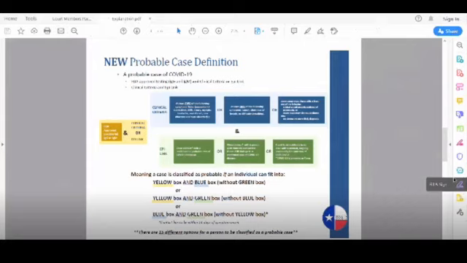If yellow, you have the test, and then you have any of the blue, you're a probable case. If you're yellow and you have any other close contact, which doesn't mean you're sick, you're a probable case. And then if you don't do any of that lab work, and then you get sick and you were a contact of a case, you are then counted as a probable case.